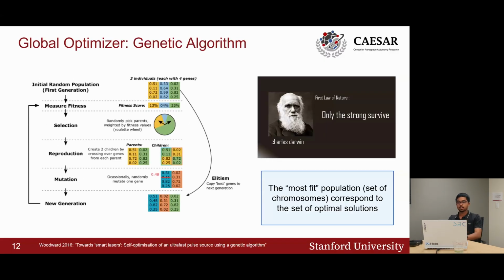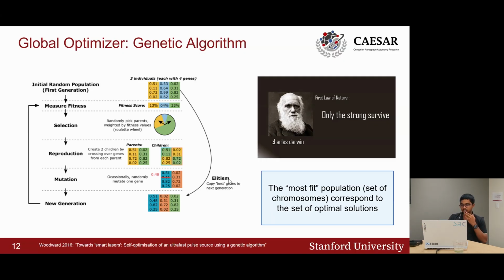This is inspired from evolution, where only the fittest individuals survive. You essentially start off with an initial population of chromosomes, which have some kind of fitness levels associated with them, and only the most fit chromosomes cross over and reproduce and create new chromosomes, which then form the next population.